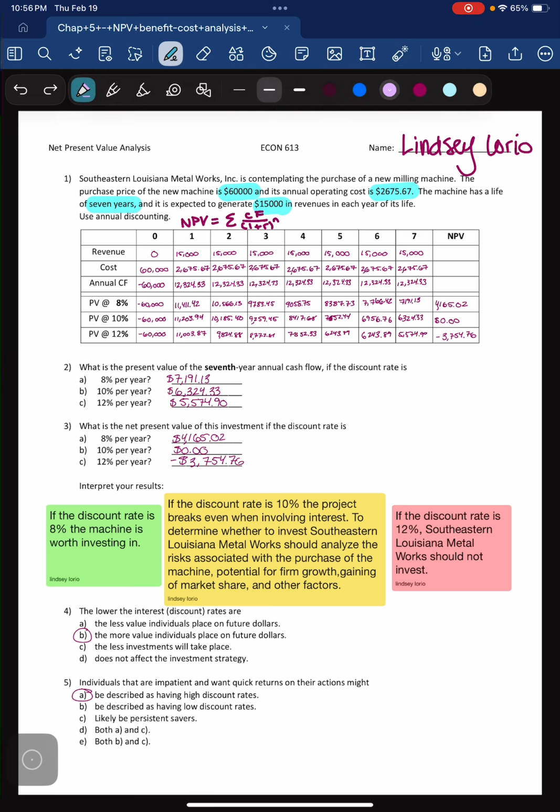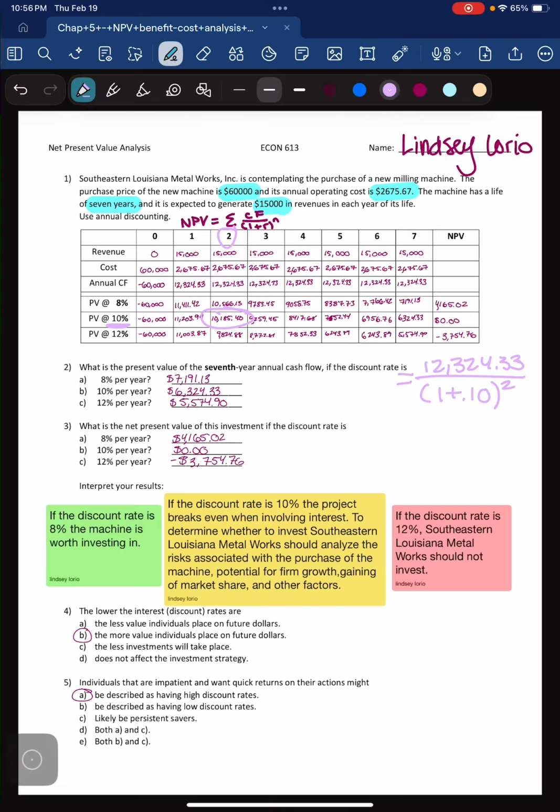So for instance, let's just say for the second year at 10%, what we did was this cash flow, $12,324.33. And then we did it over 1 plus 0.10, which is 1 plus the rate, 0.10 being 10%, to the 2, squared.